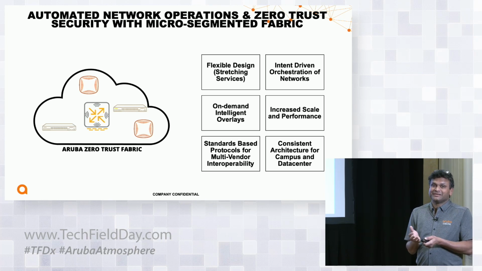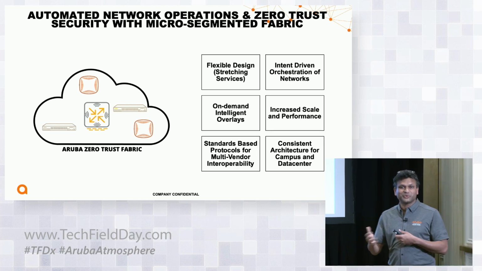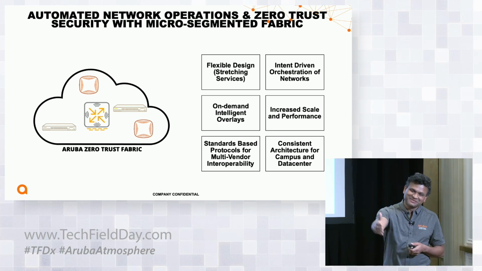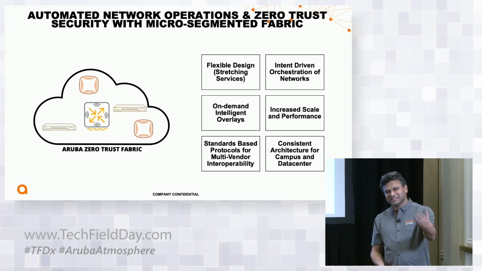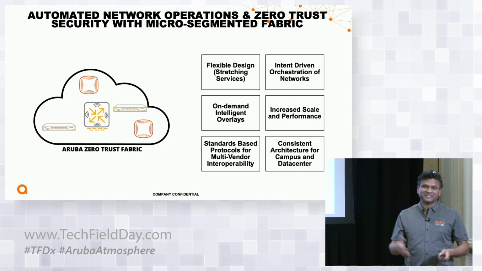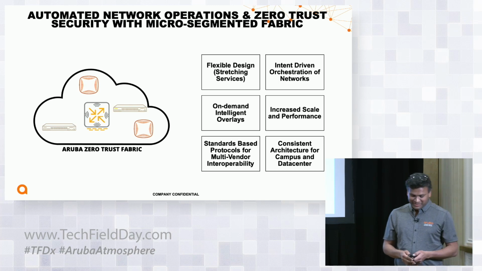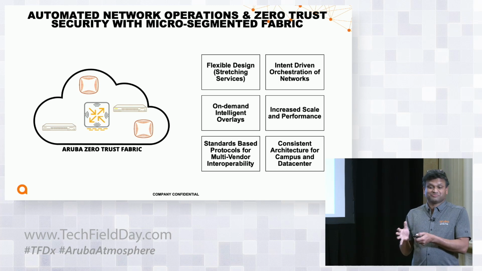Multi-vendor interoperability is always a two-way handshake. We can reach out and open up our hands to say, let's shake hands, but the other person also has to do that. That's always been the challenge in the industry. But we're trying to stick to standards. BGP and EVPN are in RFC, and VXLAN is in RFC.